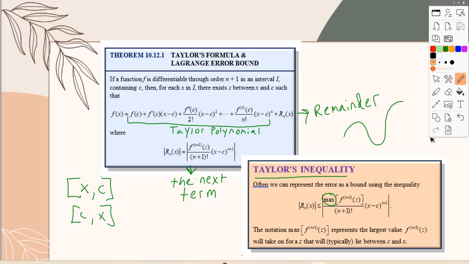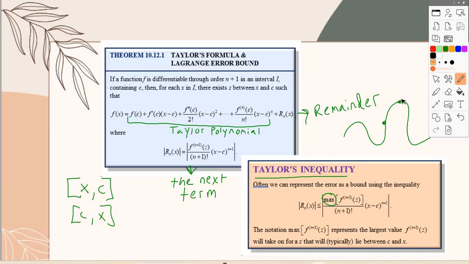And so the next term might be here, but it has a maximum up here. So I have to use the overall maximum value instead of just being able to plug in the next value. And it makes a little bit more sense once we actually start looking into it.